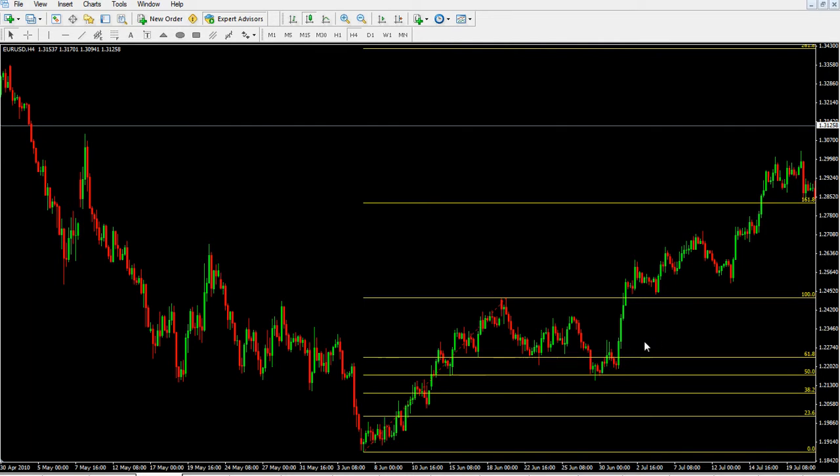So this man noticed that most of the strong trend retracements will stop at 61.8% of the wave, or at 50% of the length of this wave, for example.